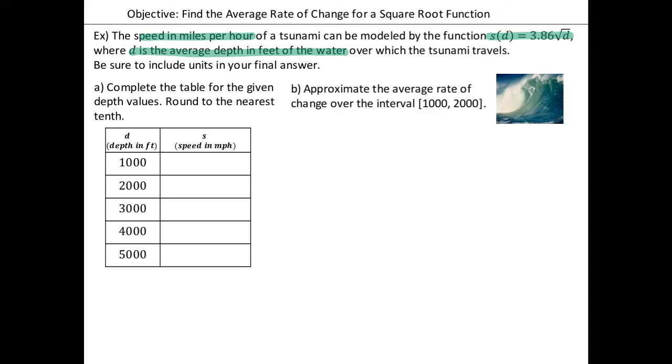Be sure to include units in your final answer. You don't have to write a sentence, but at least be able to write units. Part A says to complete the table for the given depth values and then round the table values to the nearest tenth. Nearest tenth is one value after the decimal, okay?